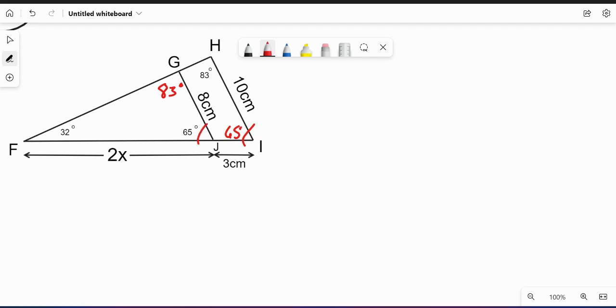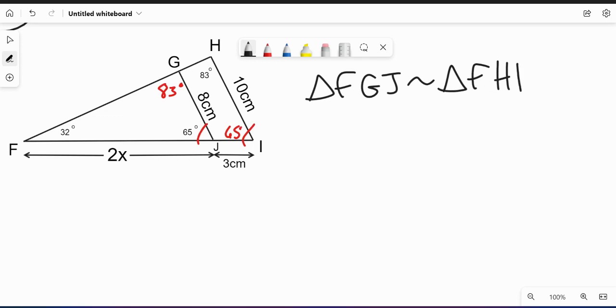All right, so they are going to have corresponding angles. So I'm going to say triangle FGJ is similar, again, sign for similar, to FHI. Okay, same reason as before. There are corresponding angles.